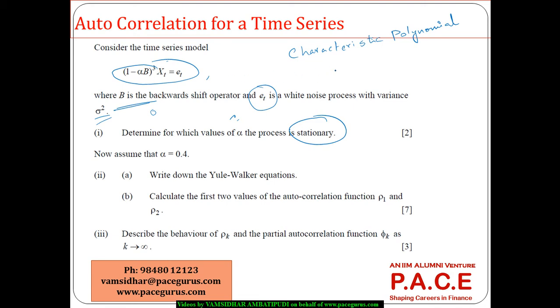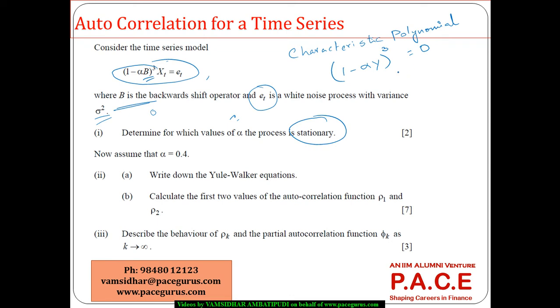So for this expression, (1 minus alpha B) whole cube, if I write it in the form of the backward shift operator, I remove B and replace it with some variable, and because I have x, I am using y. So (1 minus alpha y) whole cube is my characteristic polynomial.